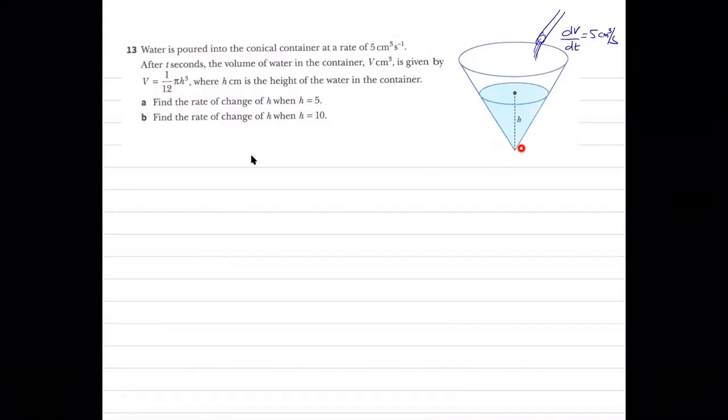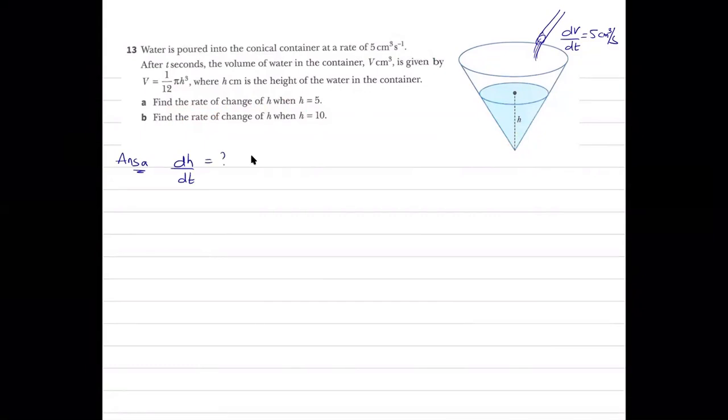So we know that with respect to time, the volume inside the container is going to increase, and because of this, the height of the water in the container is also going to increase. So you are being asked to find the rate of change of h when h is 5. Rate of change of h means you need to find dh over dt.